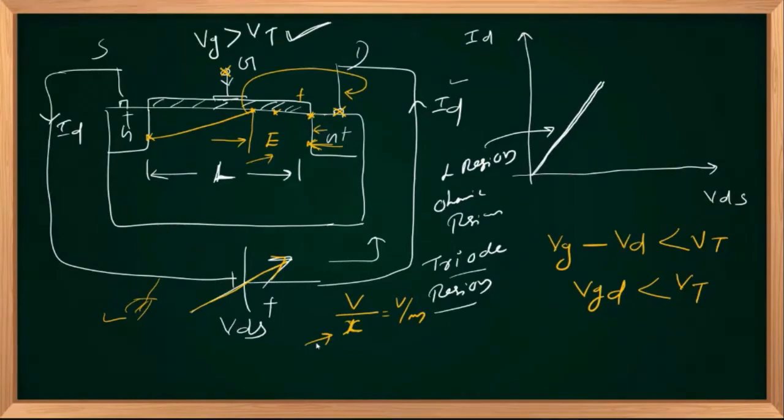As we are increasing the VDS voltage, my channel potential VC increases. That is sure. If you are increasing the source voltage, the potential in the channel definitely will increase. And that increase in channel potential will decrease the difference between gate to channel potential.